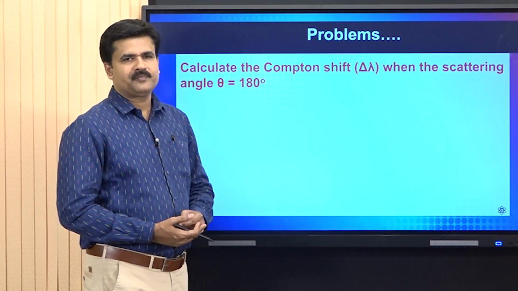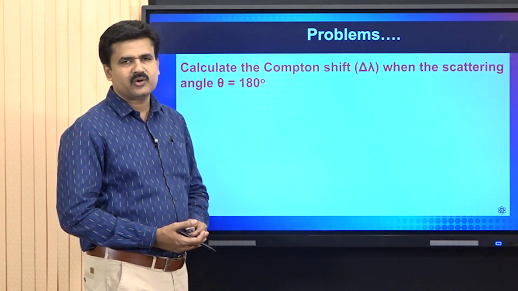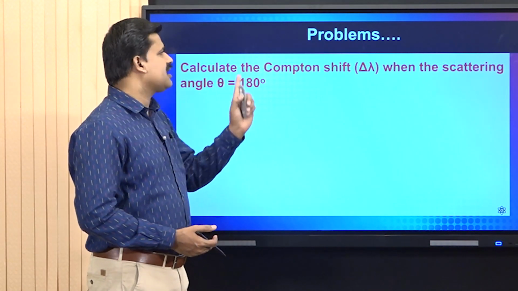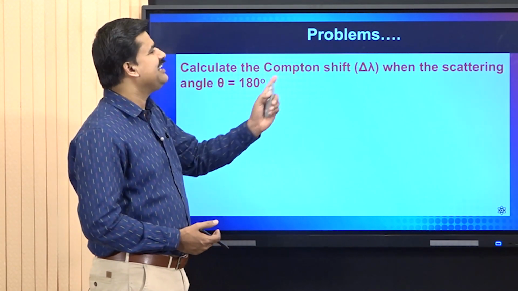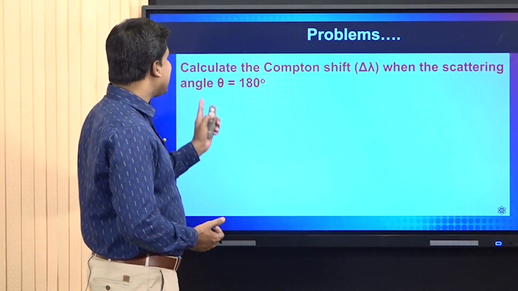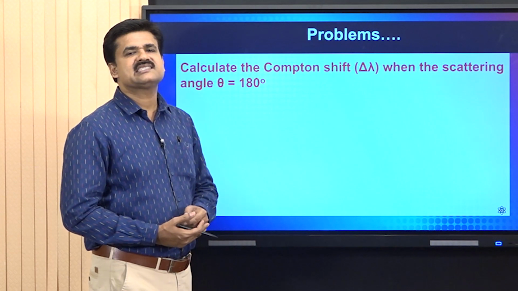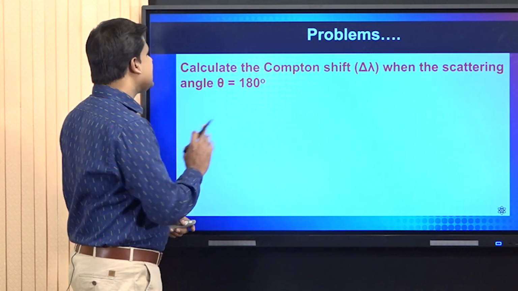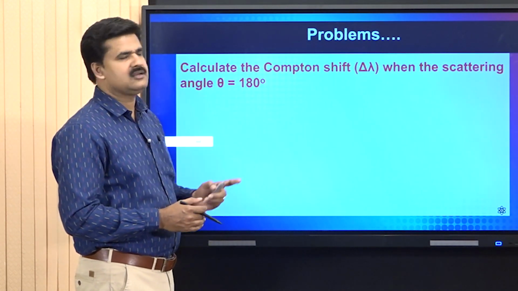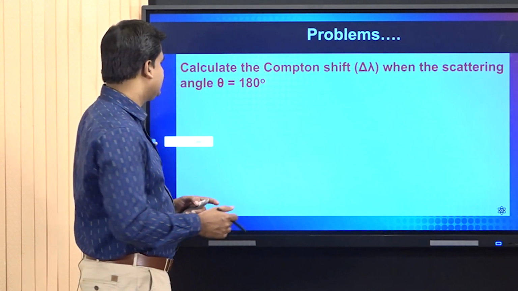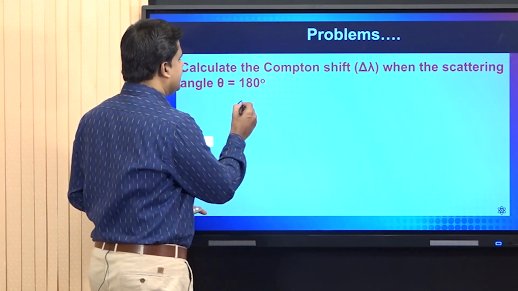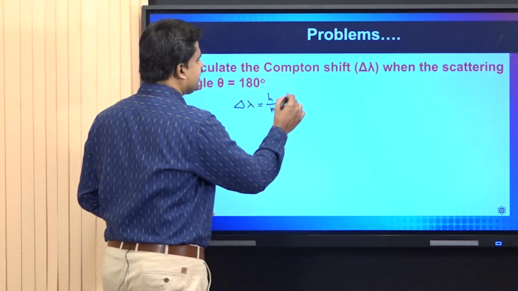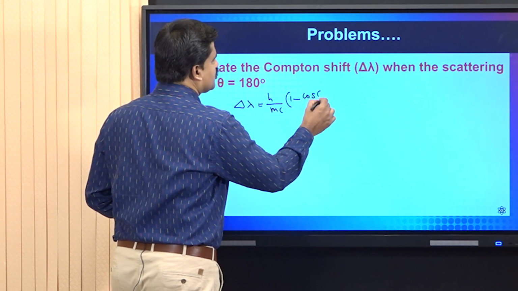We can move on to one more problem based on the Compton effect. Here, we are going to calculate the Compton shift delta lambda when the scattering angle theta is 180 degree. We can also use the same equation to get the value of delta lambda. The relation is delta lambda is equal to h by mc into 1 minus cos theta.